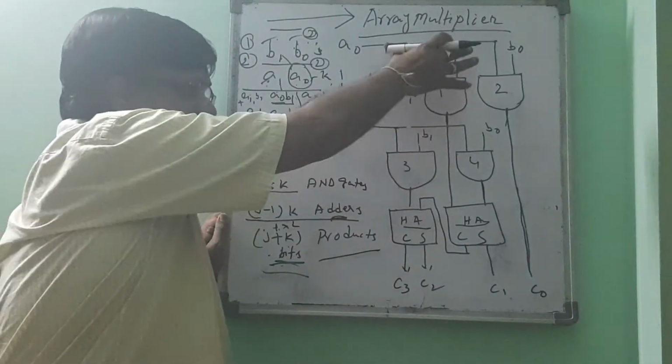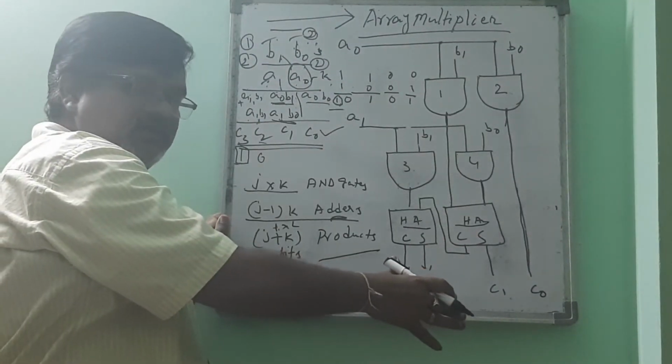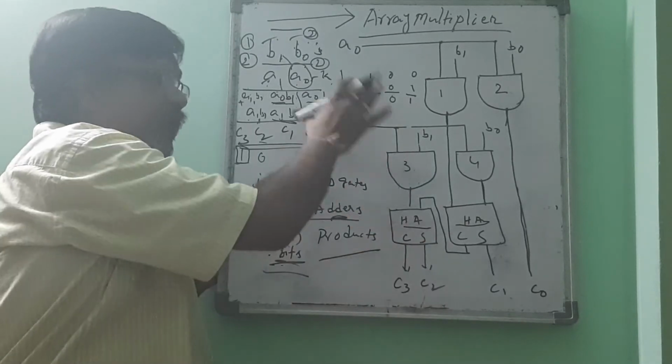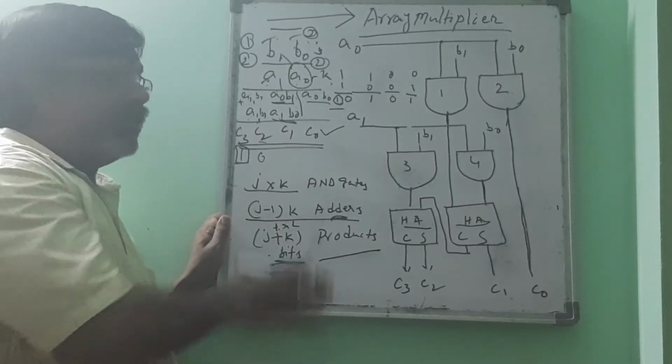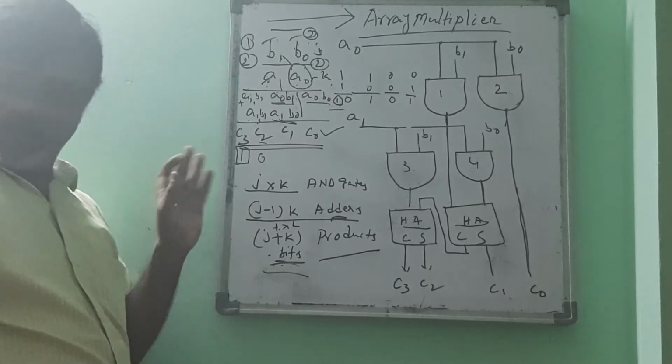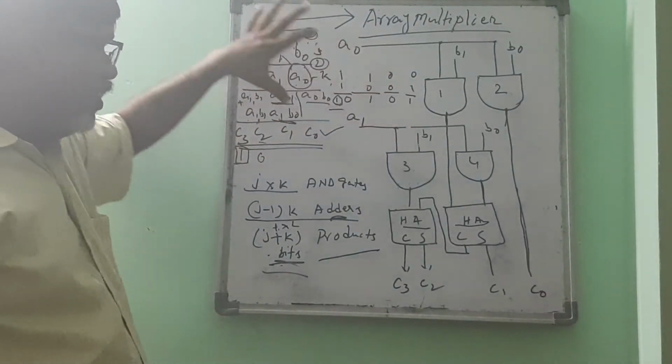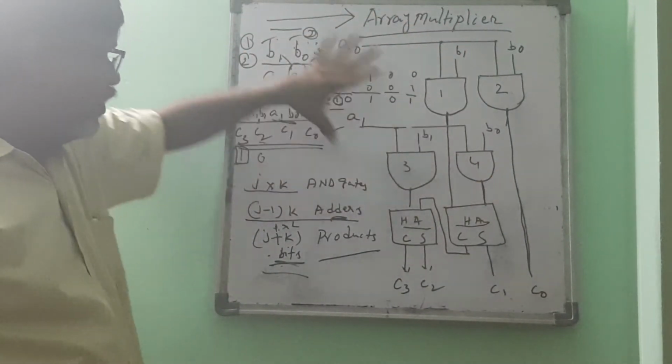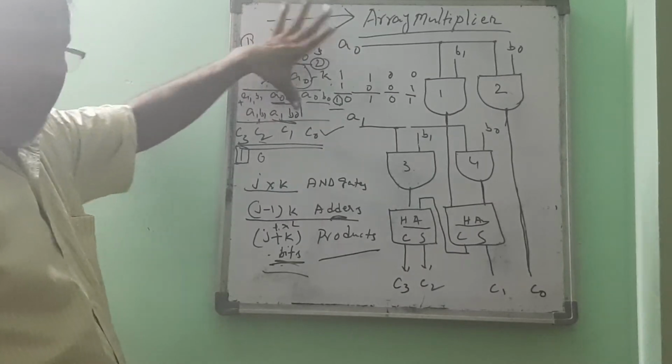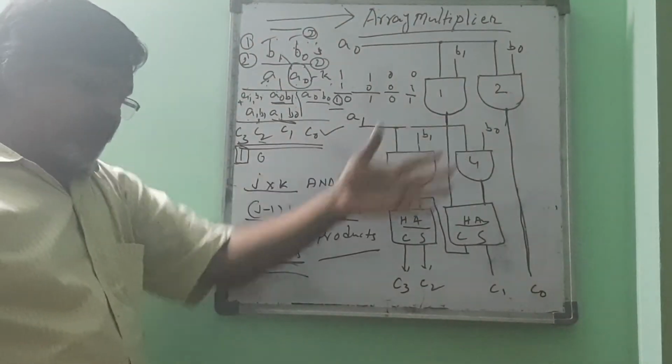So this is the hardware representation of your multiplication process in the form of array process. Now we will check whether this diagram gives the result as it is or not. We will check it with the explanation.